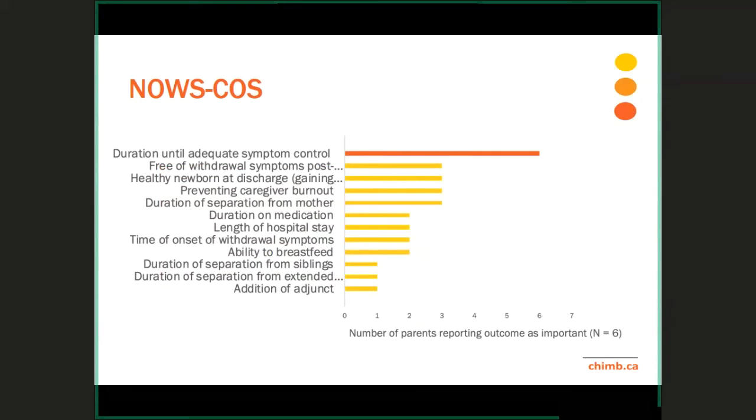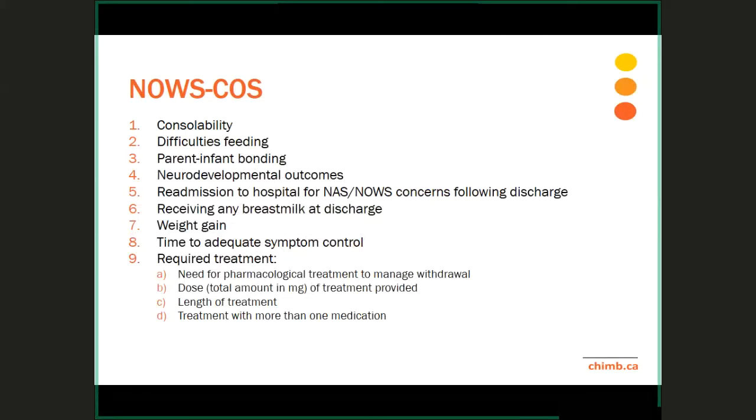Not one clinician, so our Delphi participants were clinicians, nurses, and social workers, not one of them identified that as an outcome that was important to them. I didn't really know what to think about it, to be perfectly honest with you. I thought, has nobody asked these women what was important to them? And the answer was honestly no, they had not. And so this outcome did make it into our core outcome set.